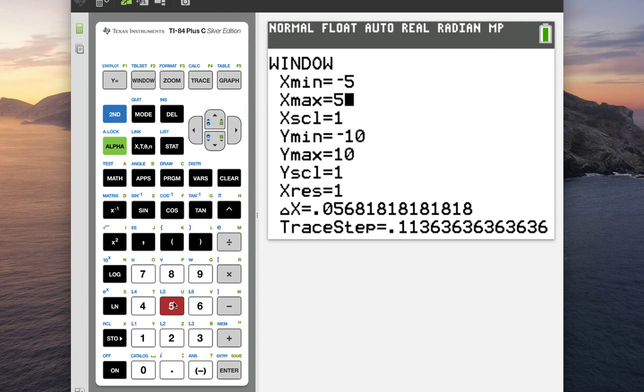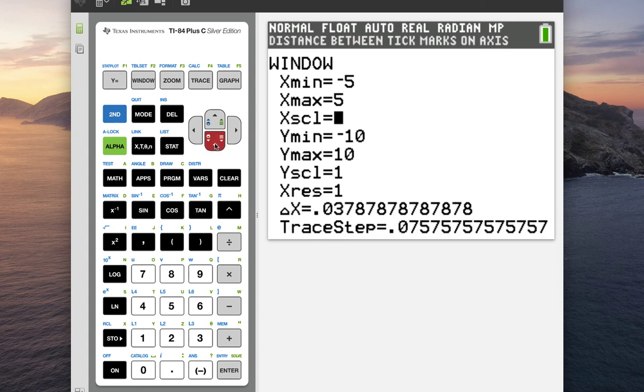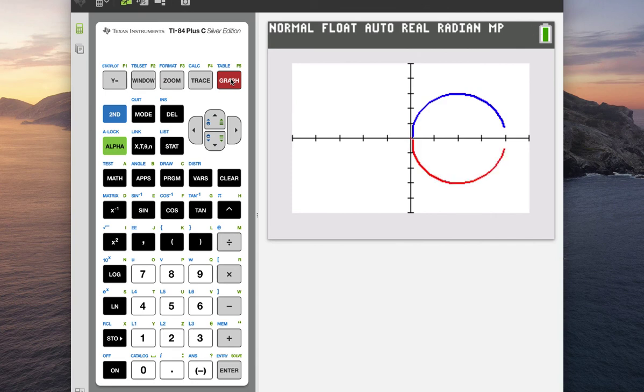Because the ellipse only takes up 4 units in the x values on the positive side, and then I'd probably go maybe -5 to 5 in the y's based on how I made my scale. Okay, and then that is going to look a little better.